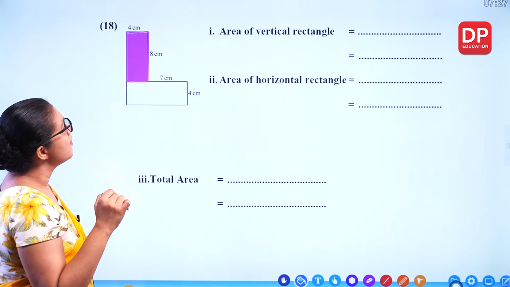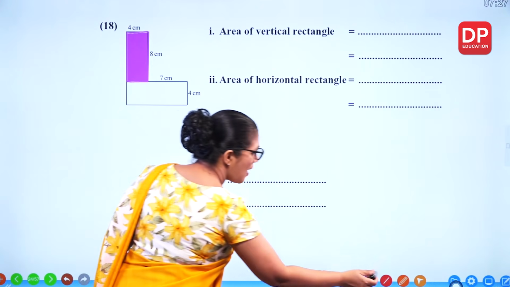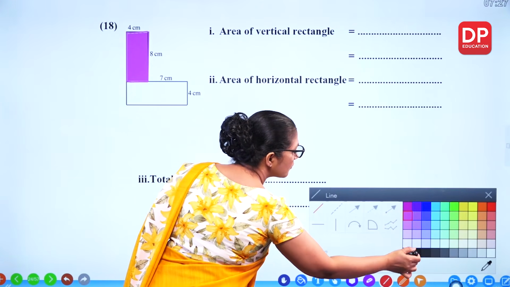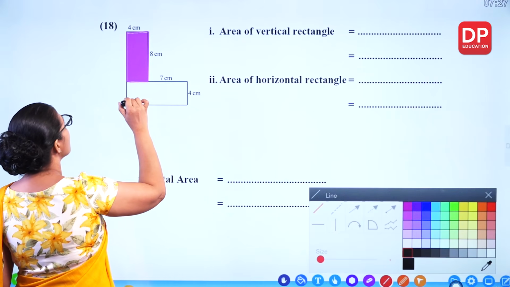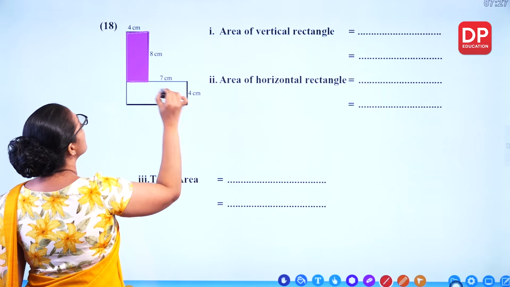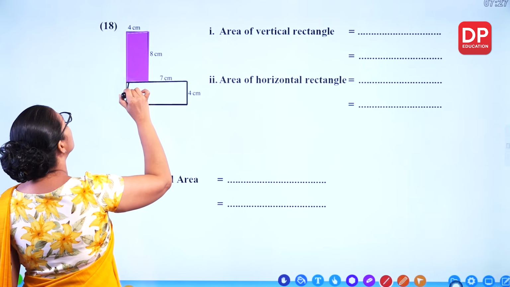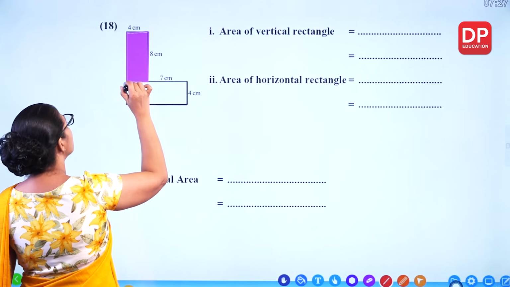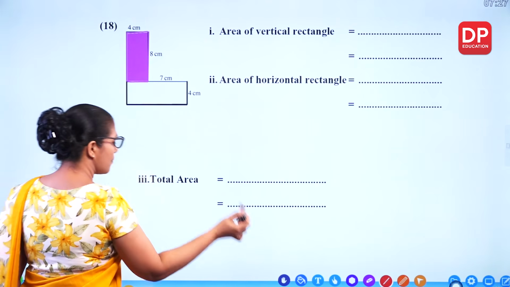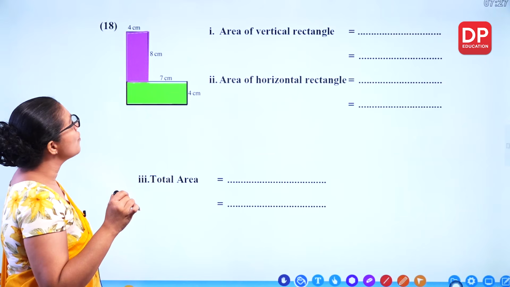This color. So that's the vertical one. Area of the horizontal means the other one. This part. This area.